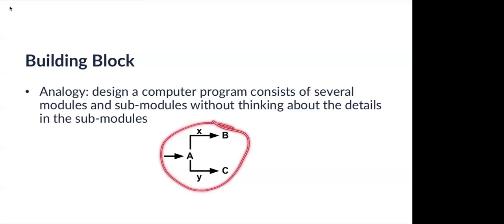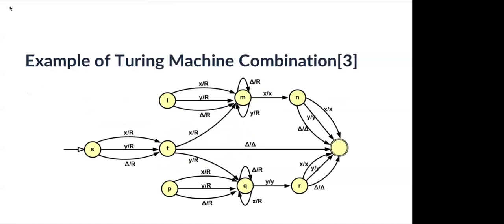This means we first do the first procedure, which is A. After we finish with A, if the head position is at X, then we will move to B. If the head position is at Y, then we will move to C. So it is similar to this combination.